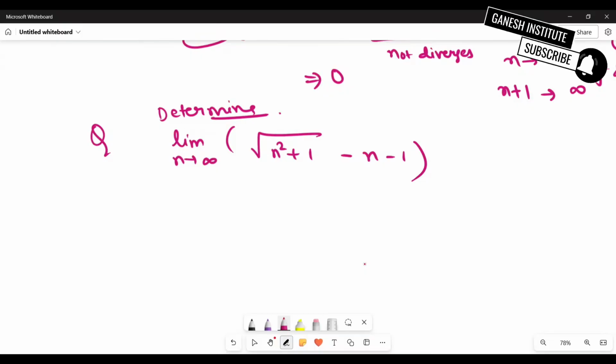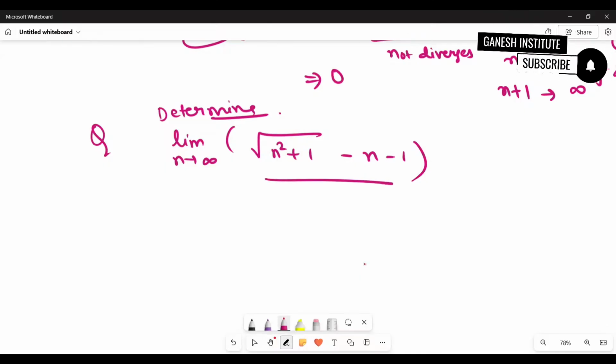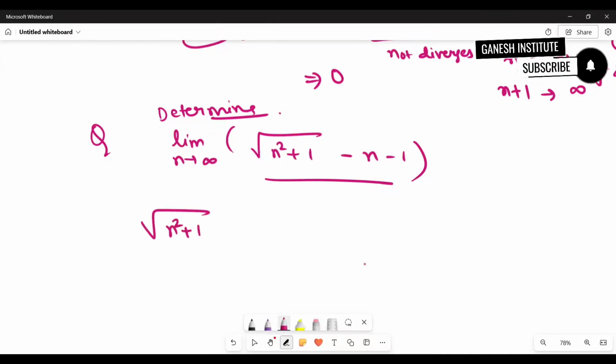So let me try rationalizing it and see where I'm heading. You can just multiply and divide with the square root of n squared plus 1, right? If you take this out common, let's separate this. This is actually this, right?